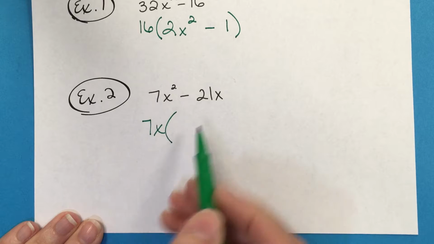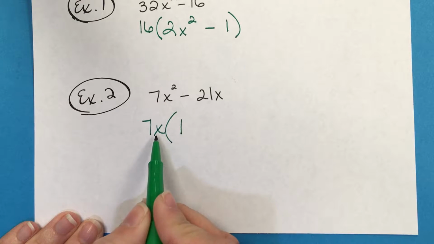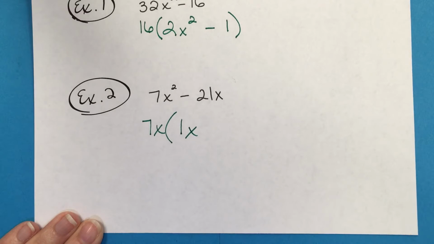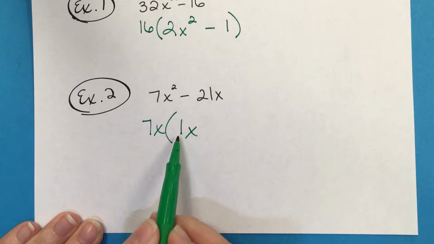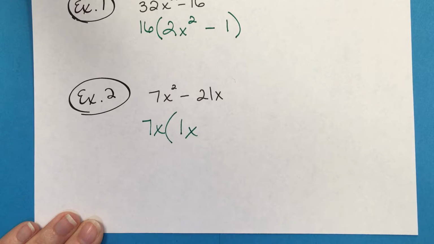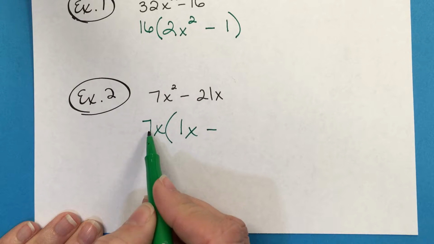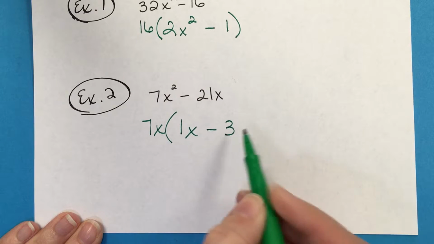All right, so 7 will go into 7 one time. You have 2 x's, you're factoring 1 out, which means you have 1 left. Now, the 1 wouldn't have to be written in this case. You do have an understood 1 in front of the x, but if you've already written it down, then just leave it. Bring down your minus sign. 7 will go into 21 3 times.